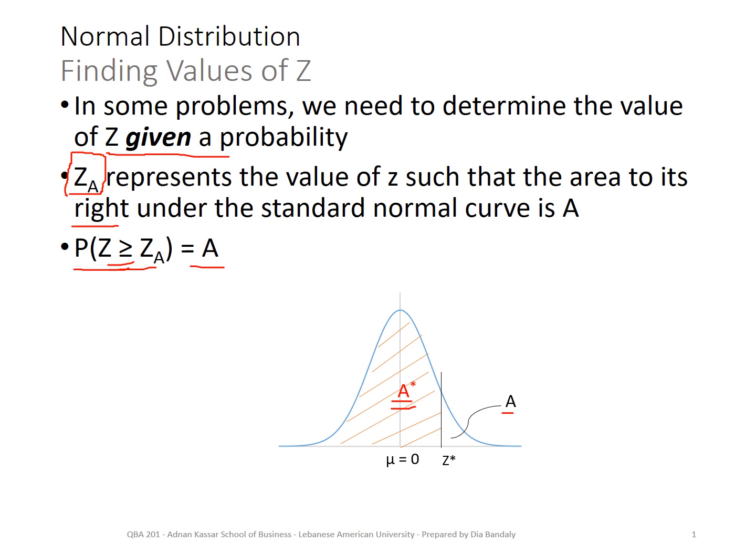Okay, so this z star now has a special notation. What is it? This is our z_A. Why? Because the probability that Z is greater than z_A is that area, it's equal to A. So that's why we are calling it z_A.